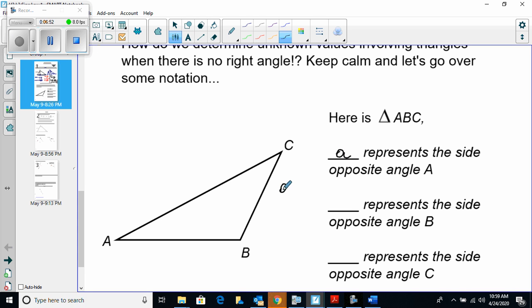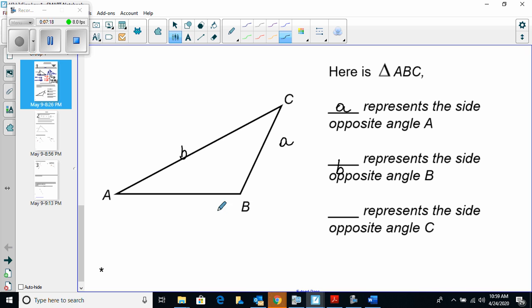The lowercase b represents the side opposite angle B, so AC will be b. For angle C, the opposite side, AB, is represented with a lowercase c.